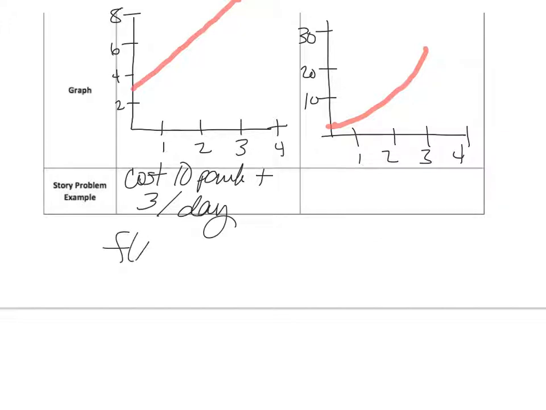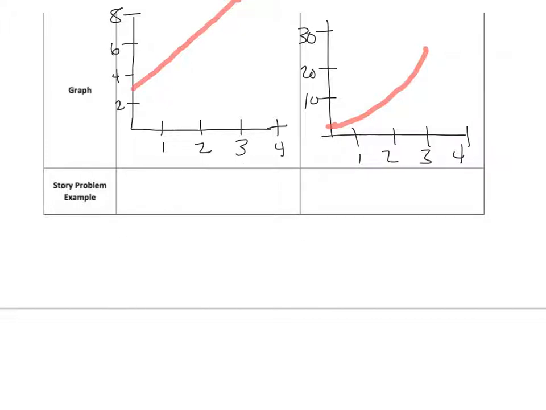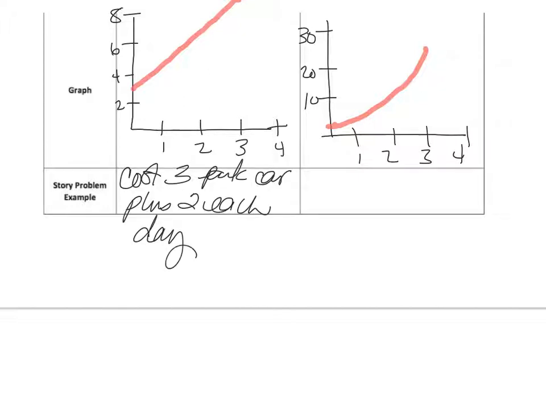So it would be f of x equals, oh, we should really use the example with the numbers we're given, right? Sorry. So at the airport, it costs $3 to park your car initially, plus $2 each additional day. That would be the 2x plus 3, right?